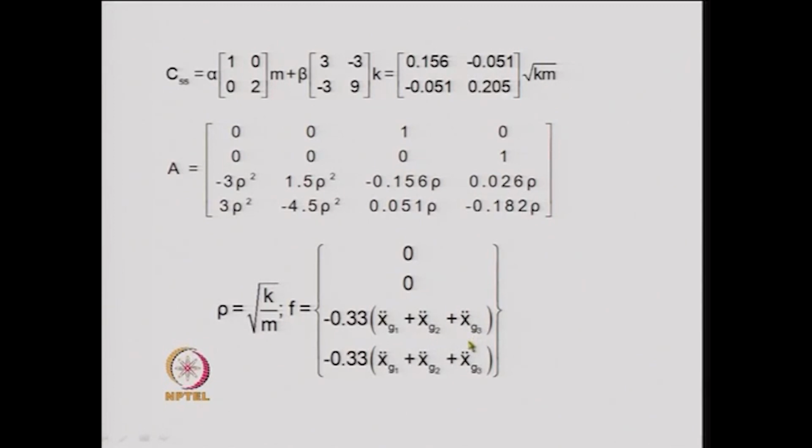That is what we observed before, that all the three ground accelerations equally influenced the non-support degrees of freedom. So, that is how the terms of the load vector over here are generated.